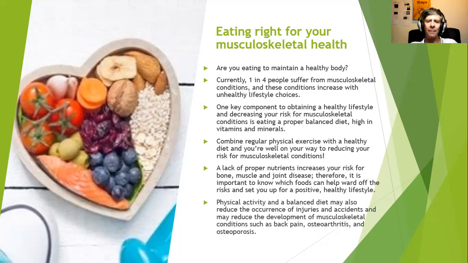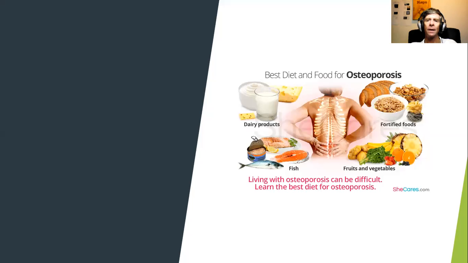Physical activity and a balanced diet may also reduce the occurrence of injuries and accidents and may reduce the development of musculoskeletal conditions such as back pain, osteoarthritis, and osteoporosis. So what are these foods? Here's just a little example of some of the best diet and foods for osteoporosis, including things like dairy products, which a lot of people are not having anymore.